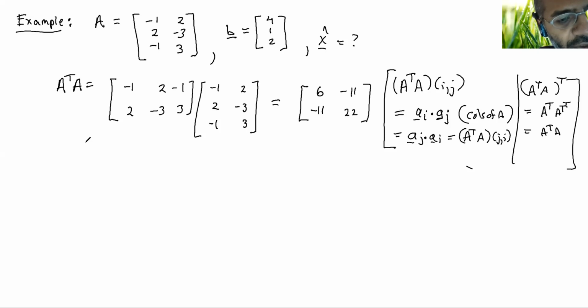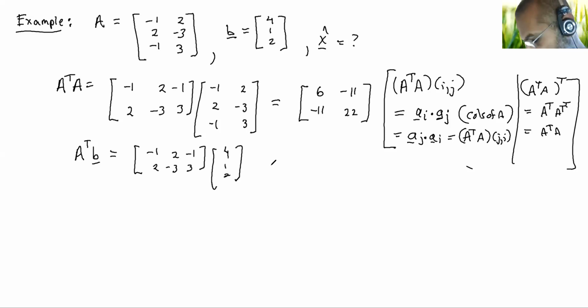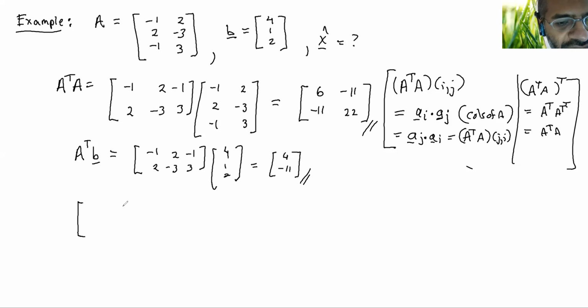Then you calculate A transpose b, which is in this case the matrix minus 1, 2, minus 1, 2, plus 3, 3 times the vector b. And if you do that, you get the vector 4, minus 11. And so now the normal equations are asking you to solve this linear system: 6, minus 11, minus 11, 22, with right-hand side 4, minus 11.